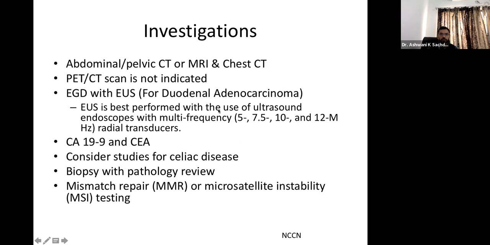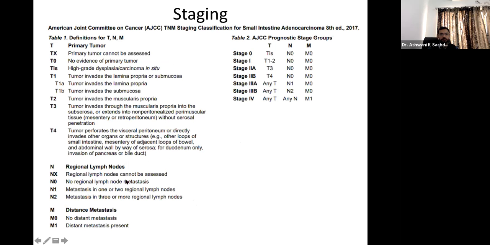Most commonly used transducers are 5, 7.5, 10, and 12 megahertz for EUS. CA 19-9 and CEA are the tumor markers, along with clinical study for celiac disease, biopsy for pathological review, and mismatch repair testing.